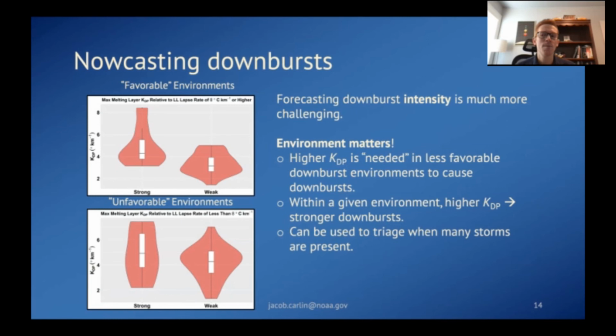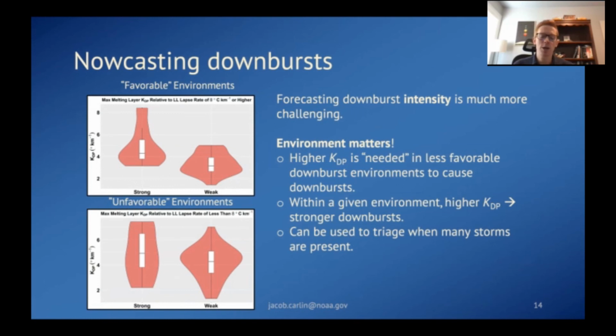If the KDP is indicative of the precip loading and the cooling, for an unfavorable environment, we're going to require more precip loading and more cooling to overcome the unfavorable environment. Whereas in the favorable environment, we actually had lower values of KDP. And then within these environments, once you partition them, higher values of KDP did tend to result in stronger downbursts.